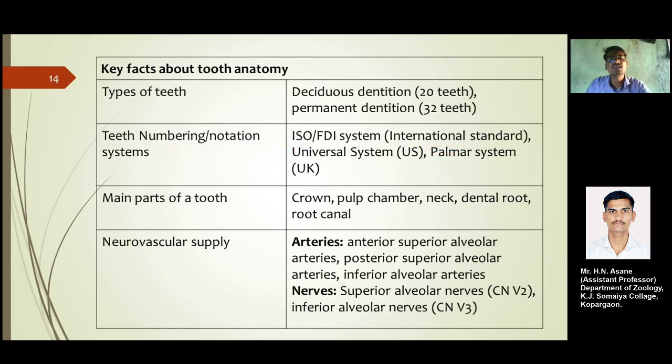Okay, so the key facts about tooth anatomy. The types of teeth are two: deciduous dentition, the milk teeth, which are 20 in number, up to adolescence, and then the permanent dentition, which is 32 in number.